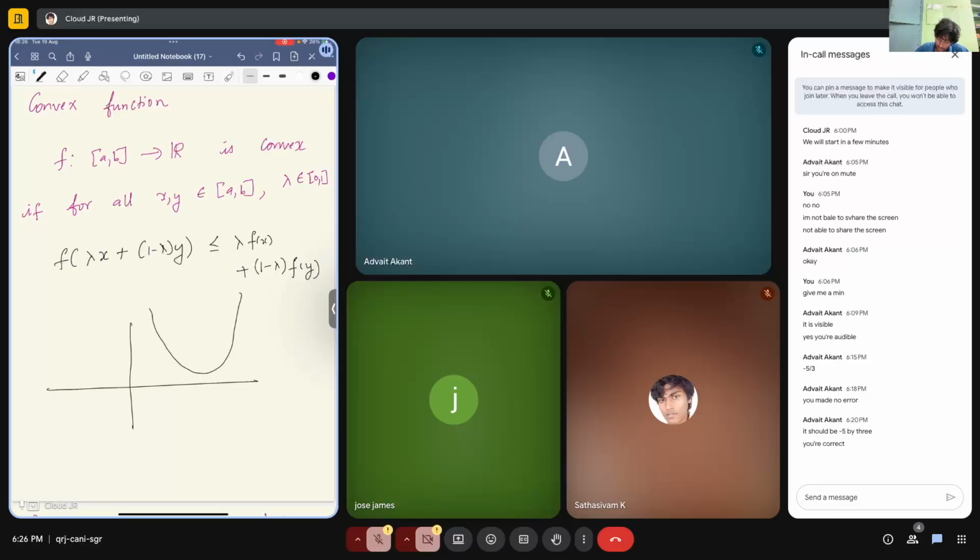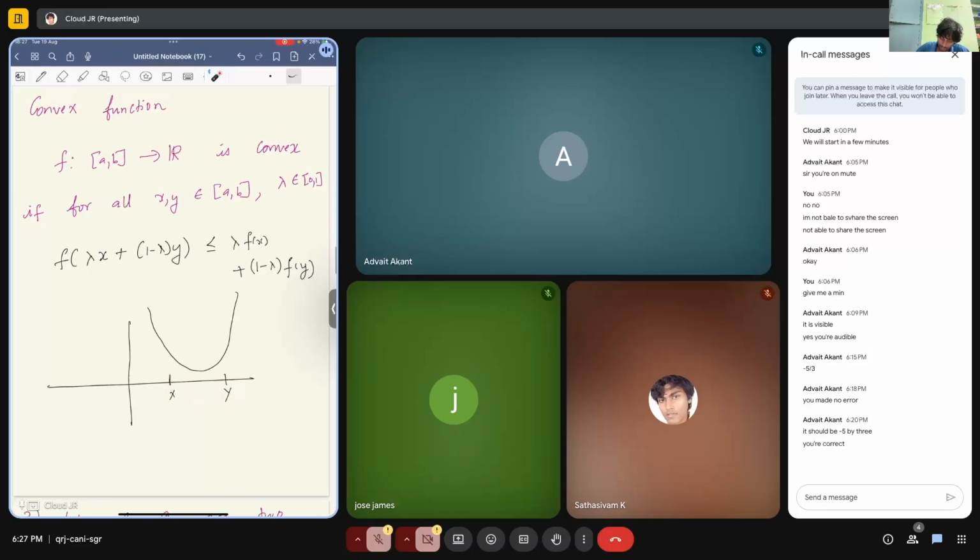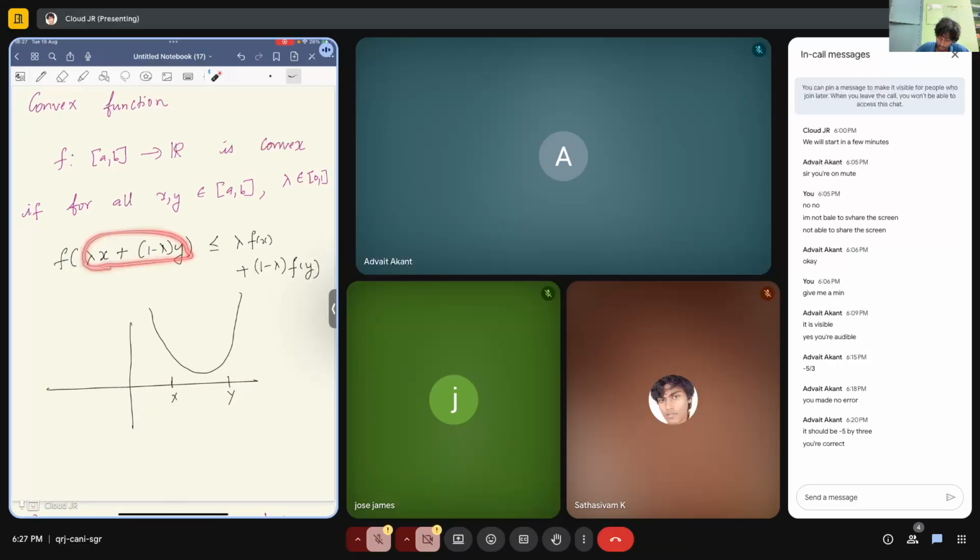If you take two points here, x and y, and draw the line which joins them, any point on the line segment which joins x and y is of the form lambda x plus 1 minus lambda y.